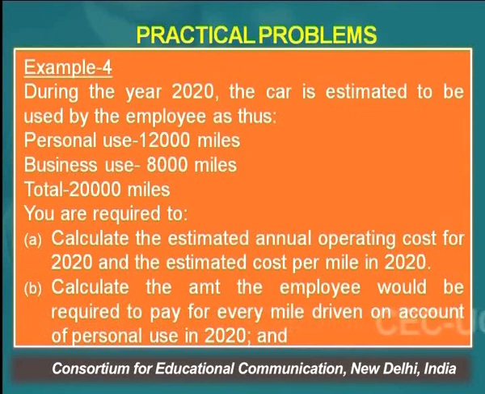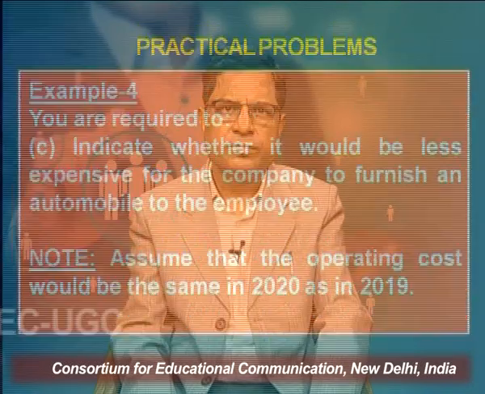What we have to do is calculate the estimated annual operating cost for 2020 and the estimated cost per mile in 2020, right, and calculate the amount the employee would be required to pay for every mile driven on account of personal use in 2020.